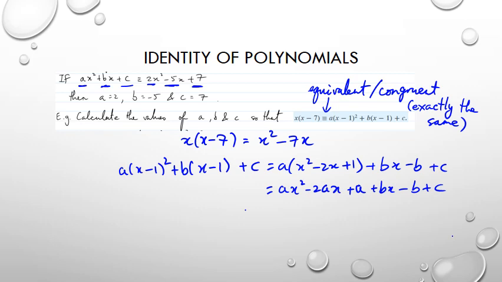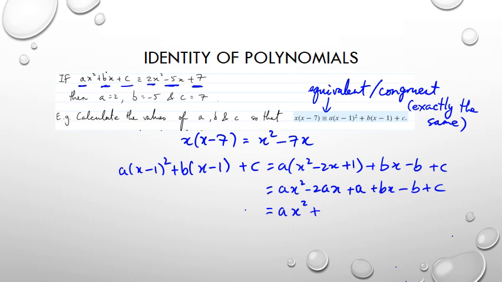Okay, now we need to be matching powers and also terms. So one of the useful things to do is to actually group all the constants with the same powers of x. So ax squared, there's only one x squared, so we just write a.